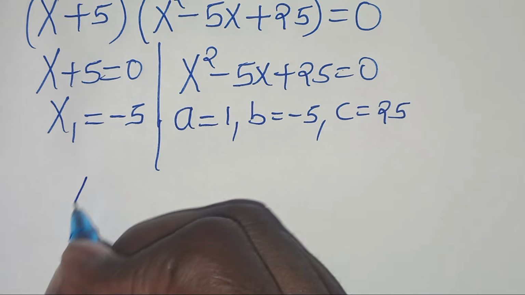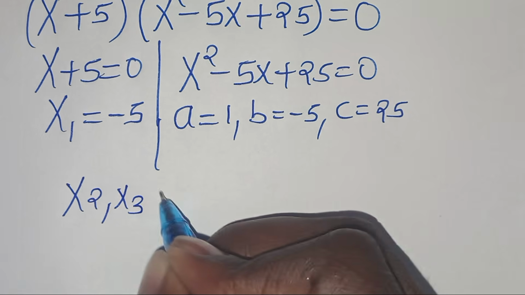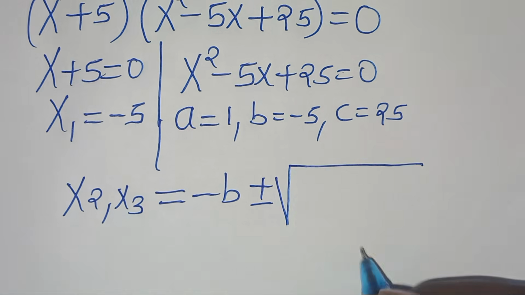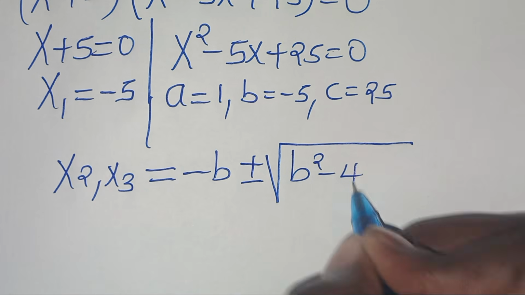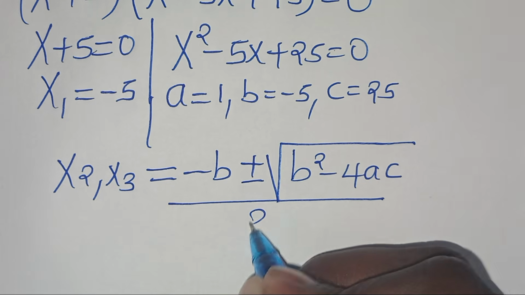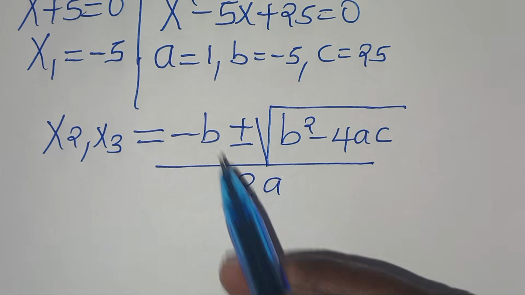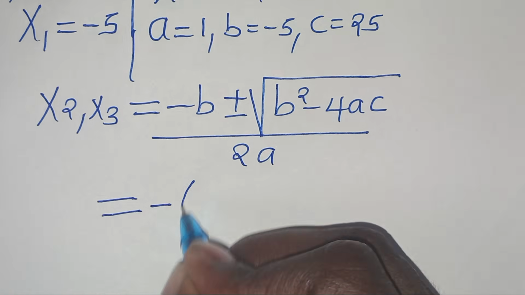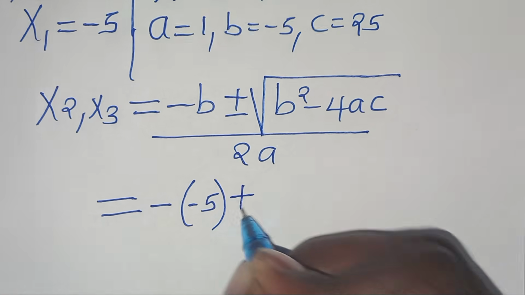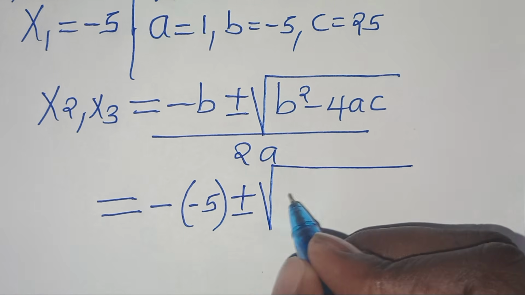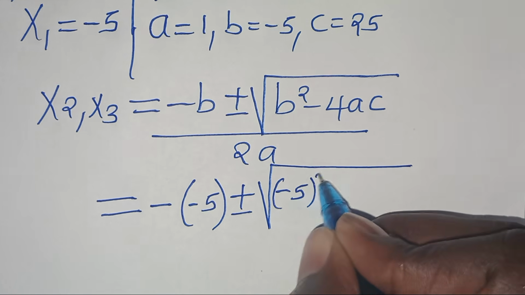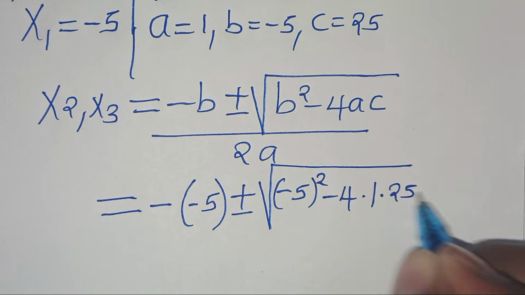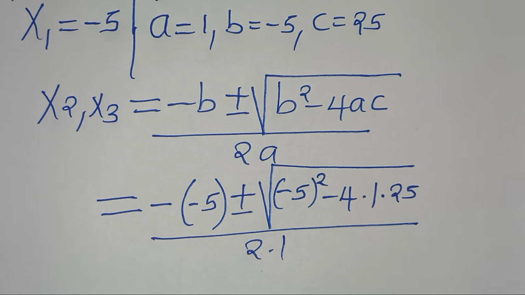Now we can solve for x2 and x3 by applying the quadratic formula, which is minus b plus or minus the square root of b squared minus 4ac, everything divided by 2a. Substituting the values of a, b, and c, we have negative negative 5 plus or minus the square root of negative 5 to the power of 2 minus 4 times 1 times 25, everything divided by 2 times 1.